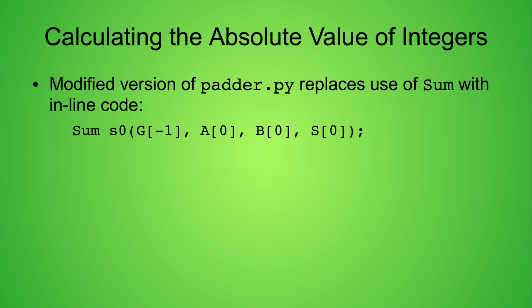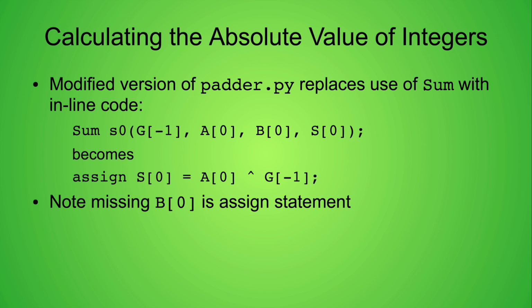To compute the least significant bit of the sum, the publicly available version of padder.py uses this Verilog statement. The modified version of padder.py uses the following Verilog statement. You'll note that the second version of the computation ignores the input value b.